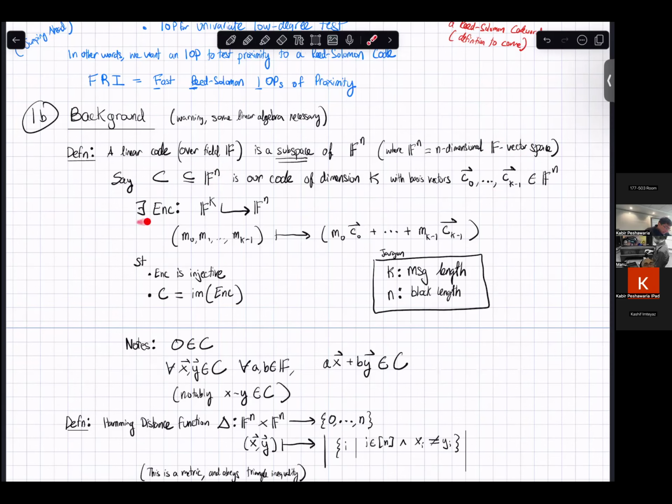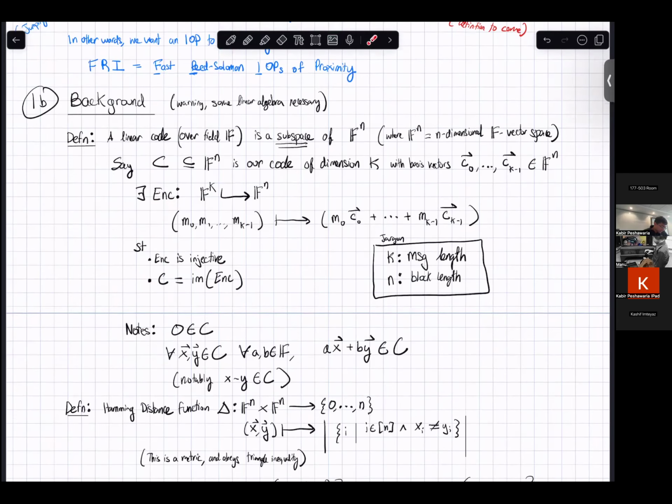That means that there's this encoding map from F^k to F^n. Basically I take these k message scalars, and I can turn it into this code word. Okay, and specifically this encoding map is injective, and the image of this encoding map is exactly our code C, our subspace.